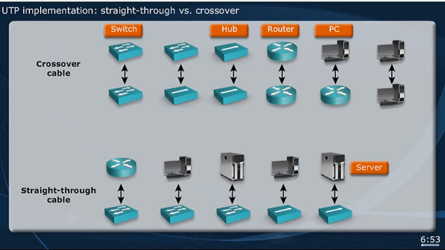However, not all gear supports the auto-sensing, where you could use a straight-through cable for everything and internally the NICs that are part of your infrastructure will perform the cross dynamically, so to speak. Not all gear supports that, so it's safer to know this behavior.